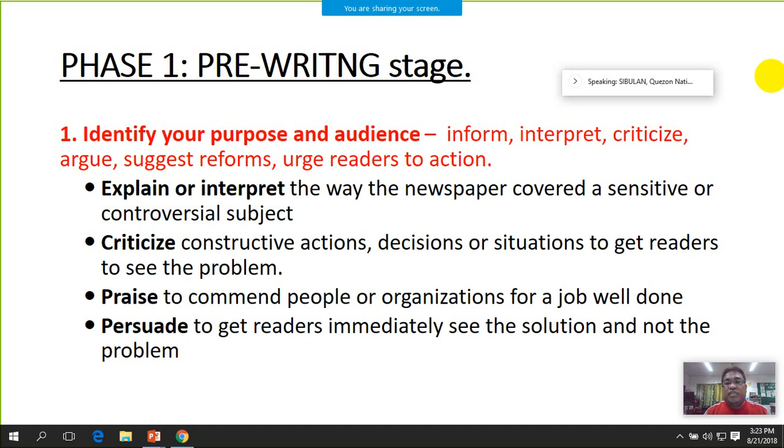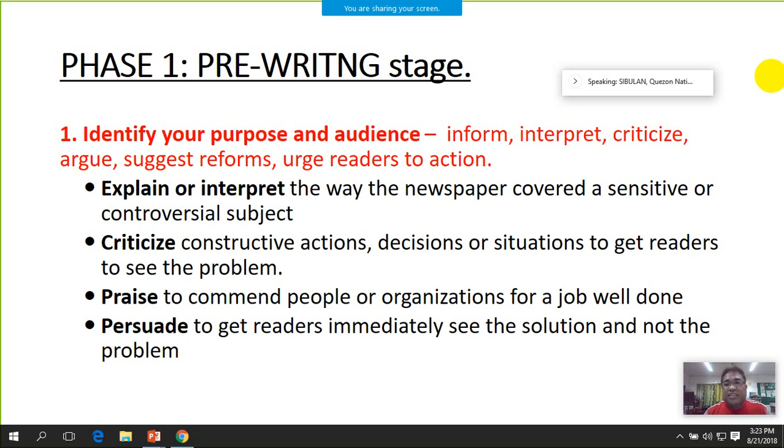Then what about argumentative editorial? When do we have to write an argumentative editorial? If we want to highlight both sides, because there are some issues which have 50-50 pros and cons.